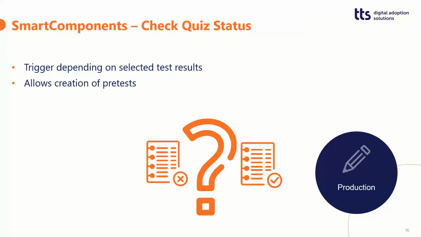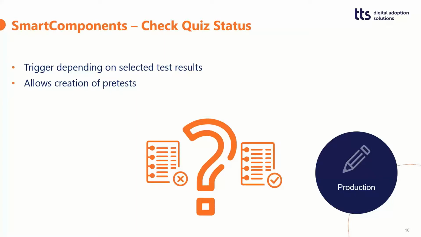This especially allows you to create some kind of pre-test. So if you have a learning object which has several sections about different aspects of a certain topic, you are now able to ask some questions beforehand to your users and students that give an impression if they are maybe already quite aware of a certain section of the topic and maybe don't even need to go deeper into it.